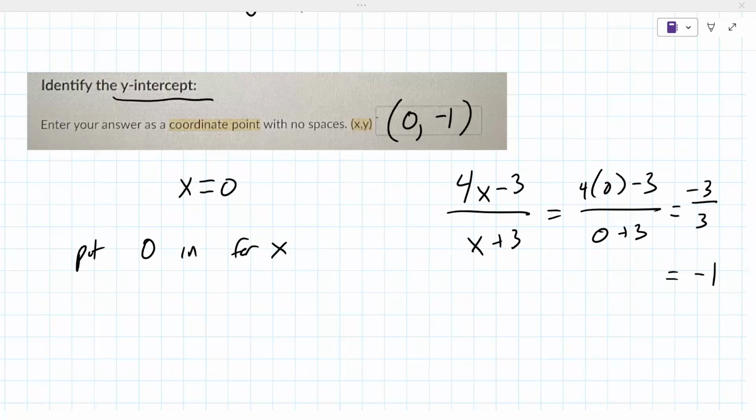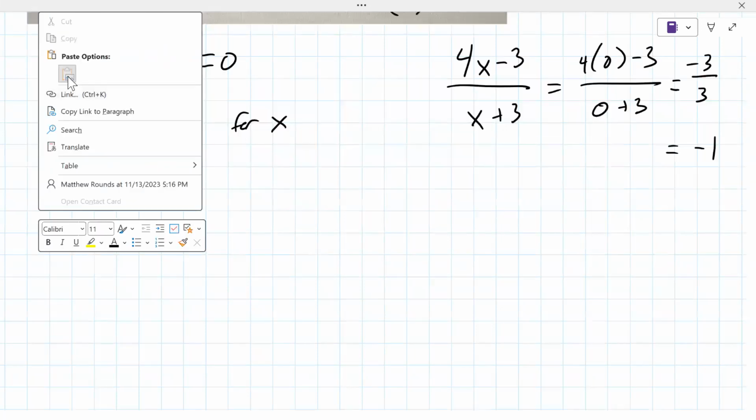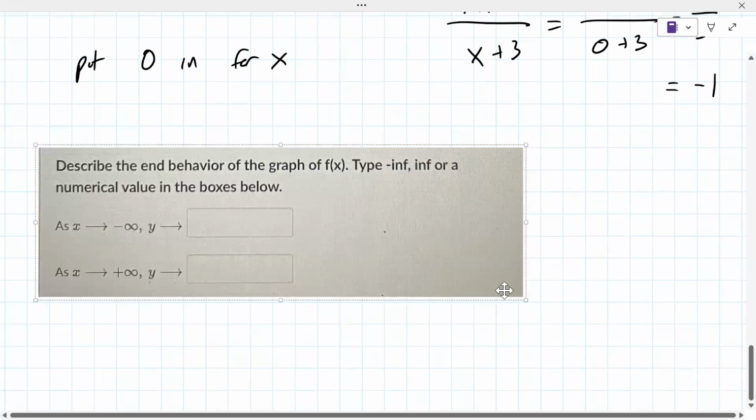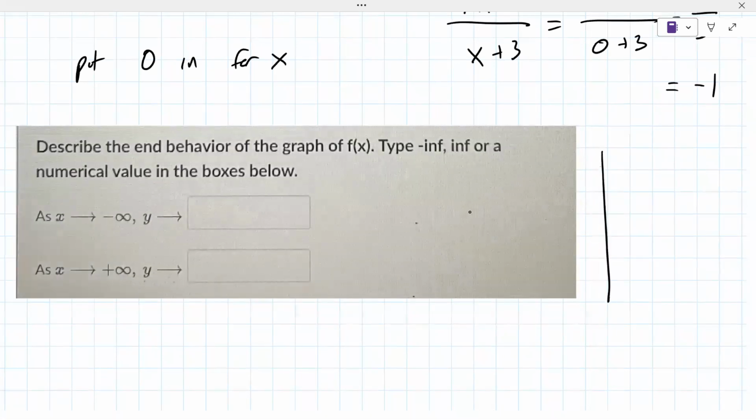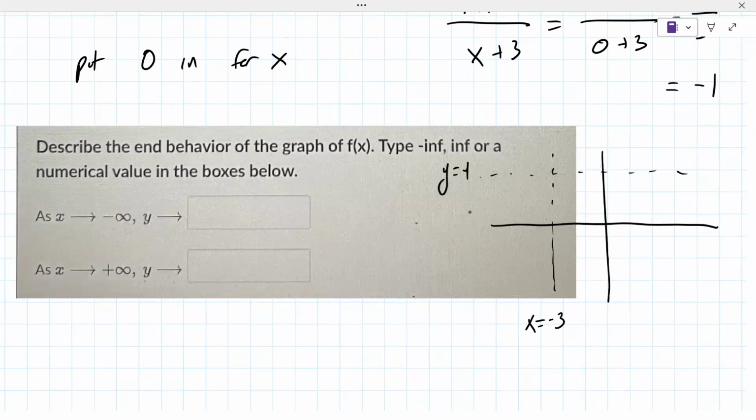So something like this. Let me snip it in. Something like this. Is that what you're saying? Yeah. Okay. So the idea here is you've got enough information to graph this. You ended up having x equals -3, a vertical asymptote. y equals 4 is the horizontal one.